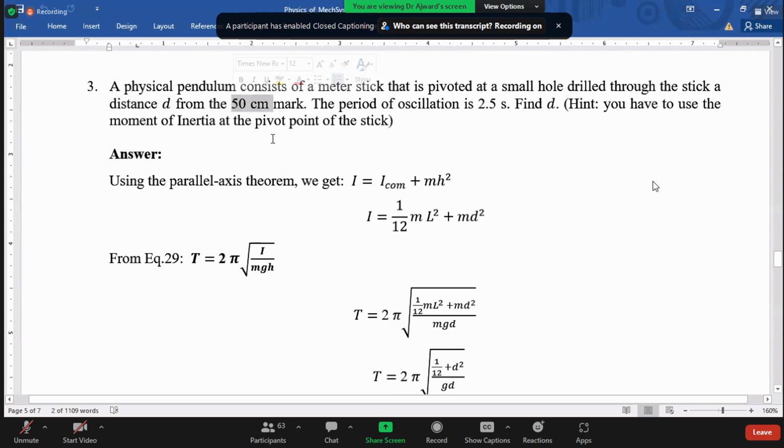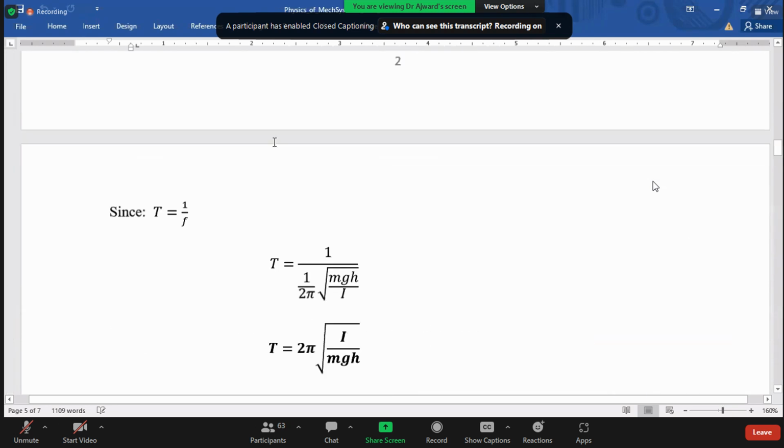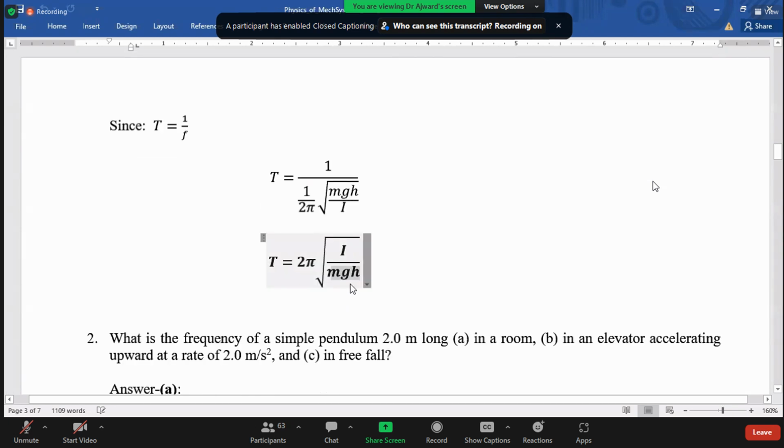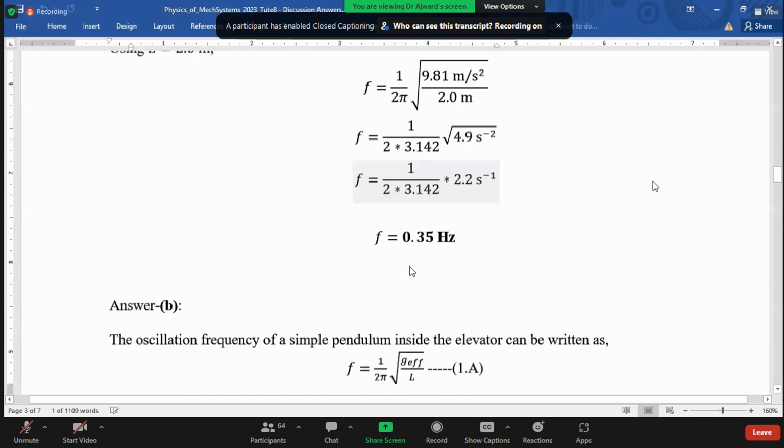So we already know in the first part, I think problem number 1, you already derived the period equation T equal to 2π square root I over mgh for a physical pendulum, where I is the inertia at the pivot point. H is the distance to the center of mass from the pivot point, that is the point where the rotational axis is located.